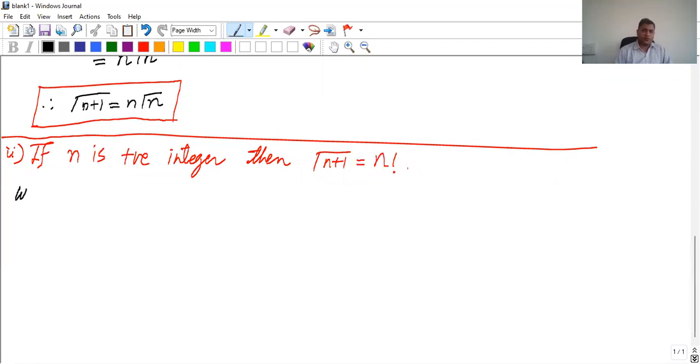What we have is gamma of n plus 1, and then we know it is going to be n into gamma n. So can we write it like this? n into gamma of n minus 1 plus 1.